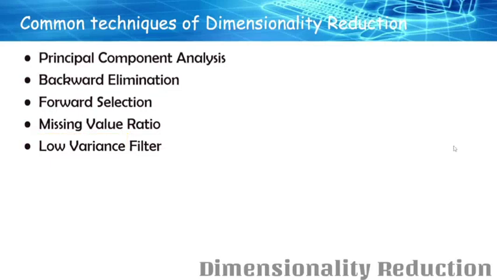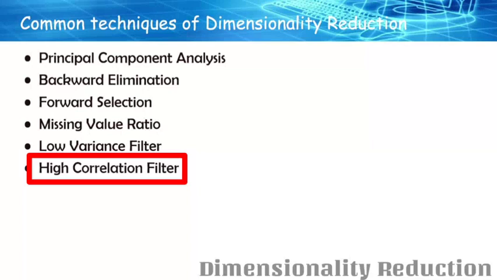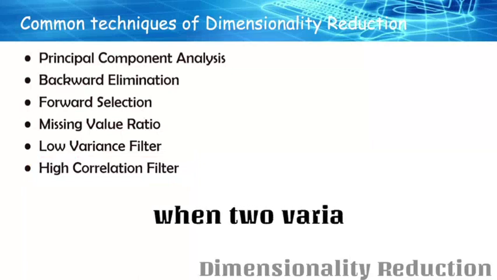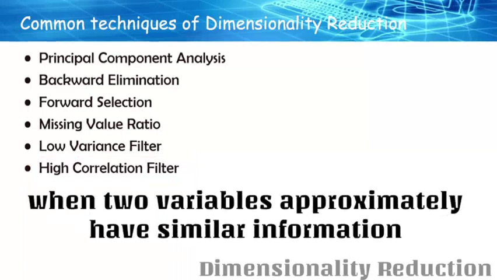Okay, and next we have high correlation, or correlation filters. High correlation refers to the case when two variables have approximately similar information.